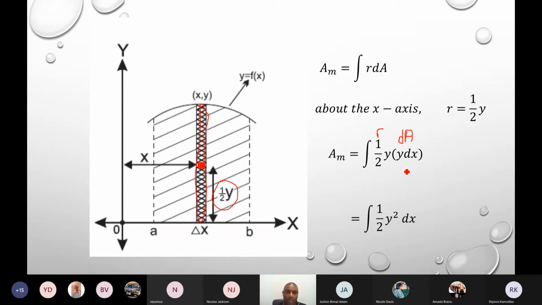If you are dealing with the y-axis, everything just goes in reverse. There's a formula sheet that I'm going to show you which shows the ones even for the y-axis. I didn't want to do them here because of time. So, any questions on this part when you're dealing with the x-axis?